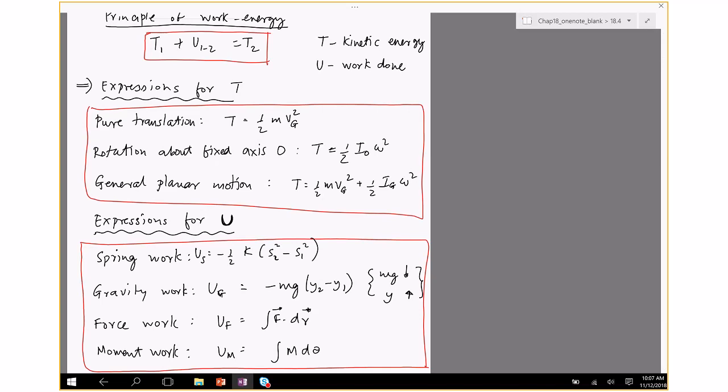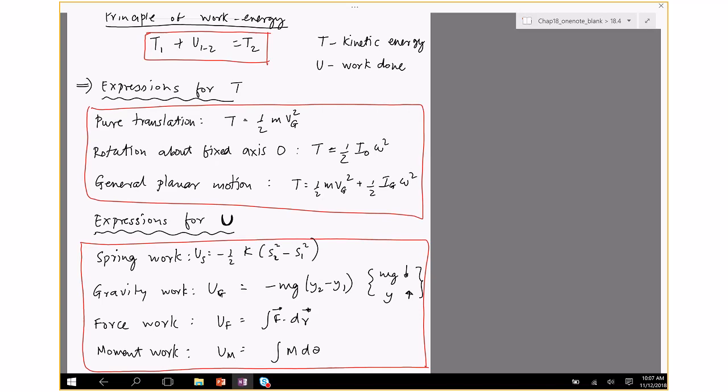You can have pure translation, in which case there's only kinetic energy due to translation, half mv squared. If it's rotating about a fixed axis like a pendulum, no translation, then you take the inertia about the point which is fixed, IO, and multiply it with omega squared, so half I omega squared.